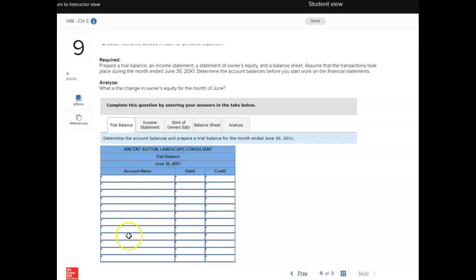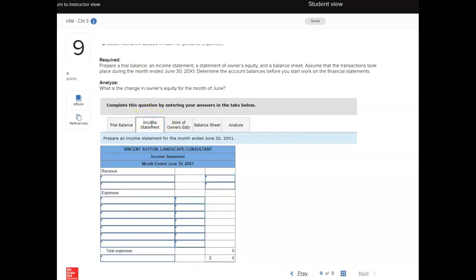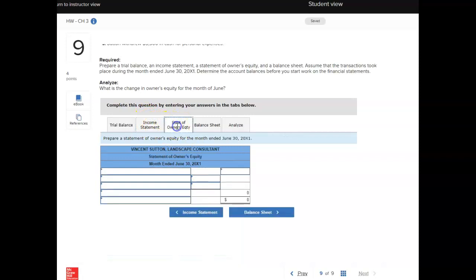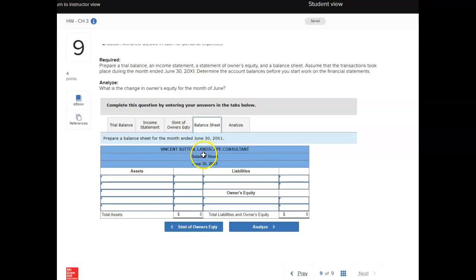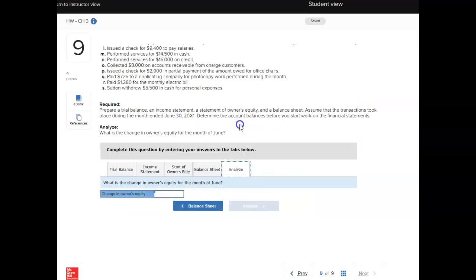Then, using the numbers on your trial balance, prepare 3 financial statements: an income statement, a statement of owner's equity, and a balance sheet. Don't forget to answer the question under the Analyze tab in question 9. Once you have finished the entire problem, click on Check My Work and fix any errors.